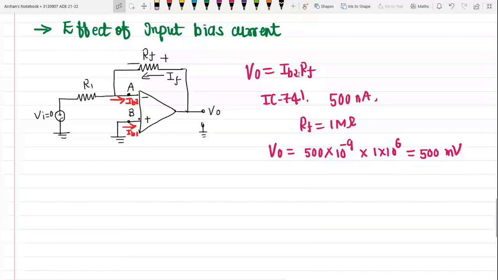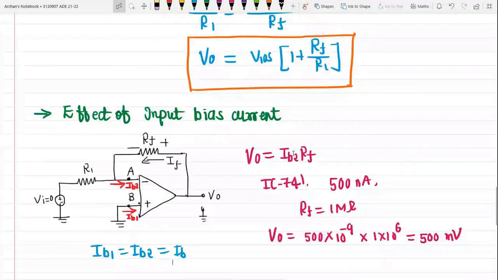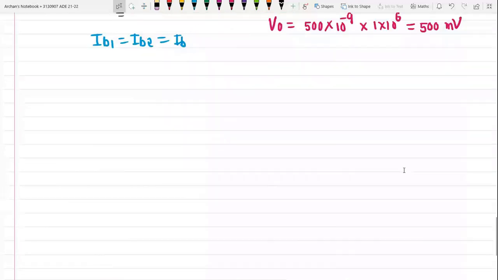Now these two, input offset voltage and input bias current, will produce some output voltage which is known as output offset voltage. Suppose we are not using any compensation technique to nullify the effect of these offset voltages and offset currents.